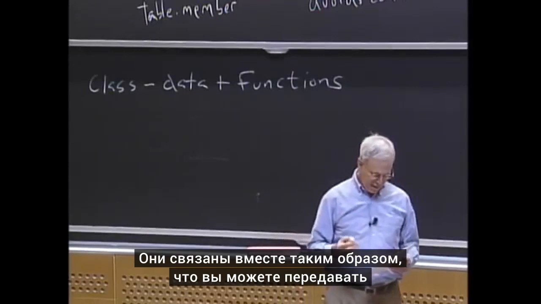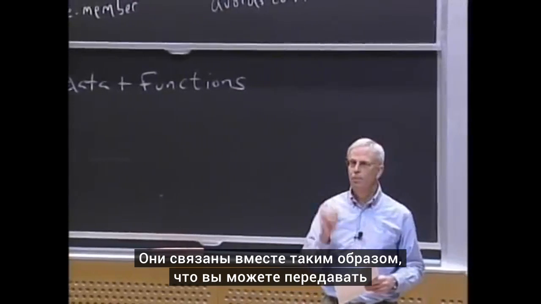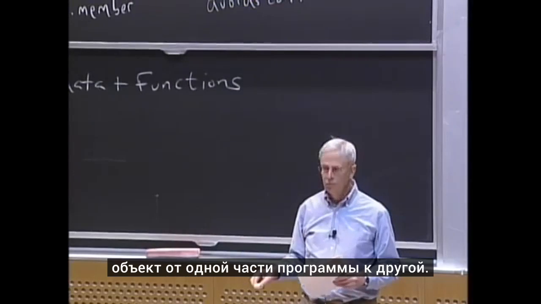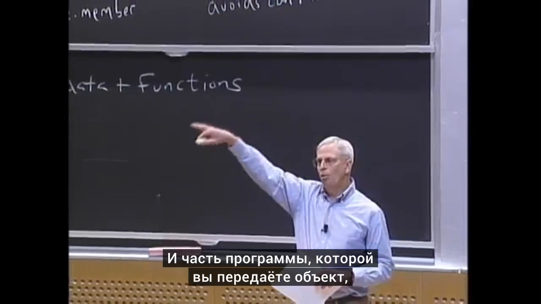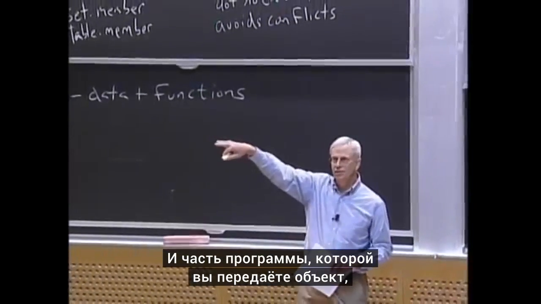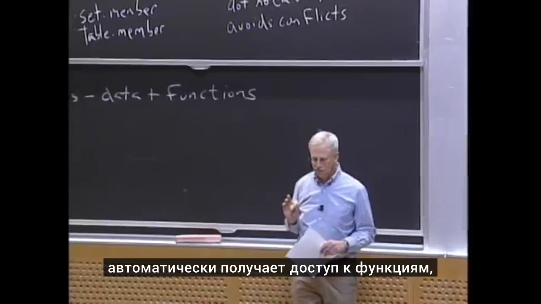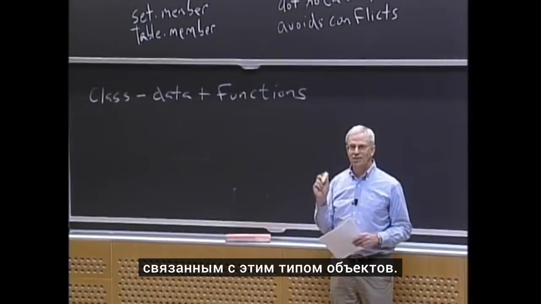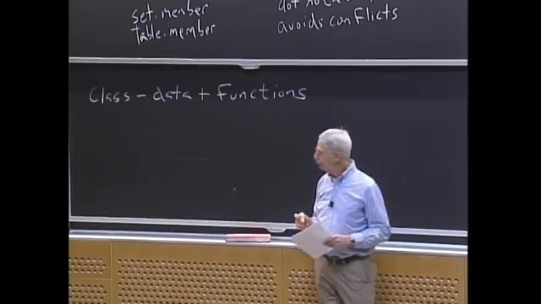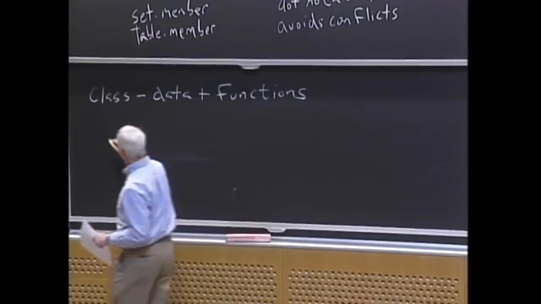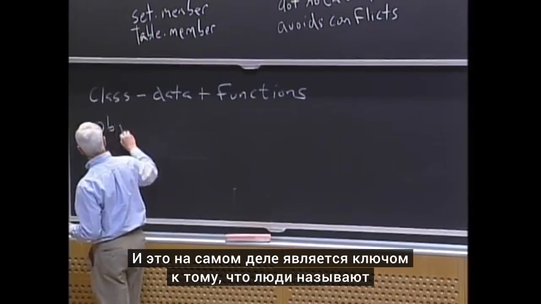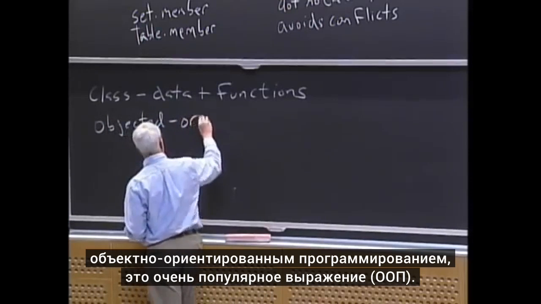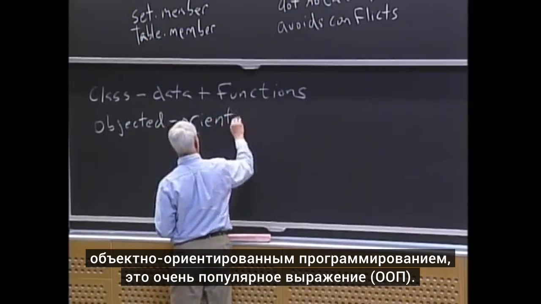They are bound together so that you can pass an object from one part of a program to another, and the part of the program to which you pass it automatically gets access to the functions associated with that type of object. And this is really the key to what people call object-oriented programming, a very popular buzzword.